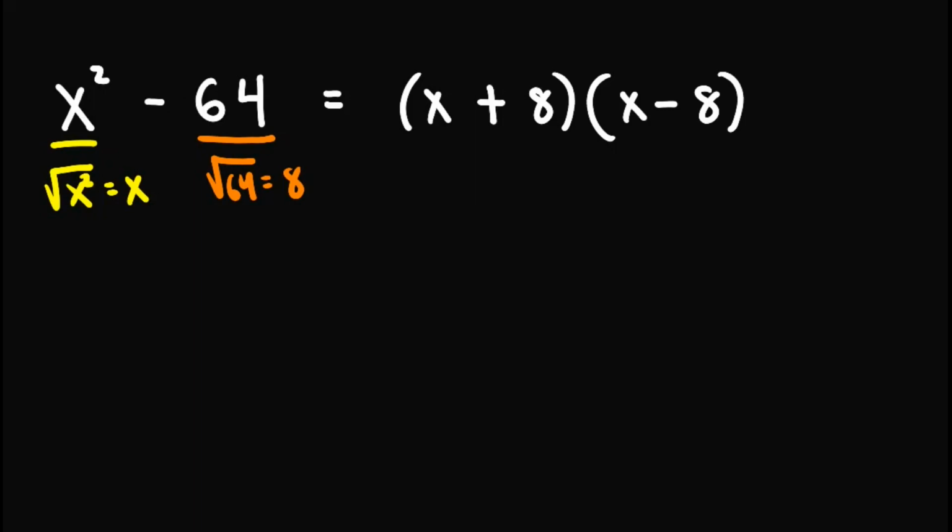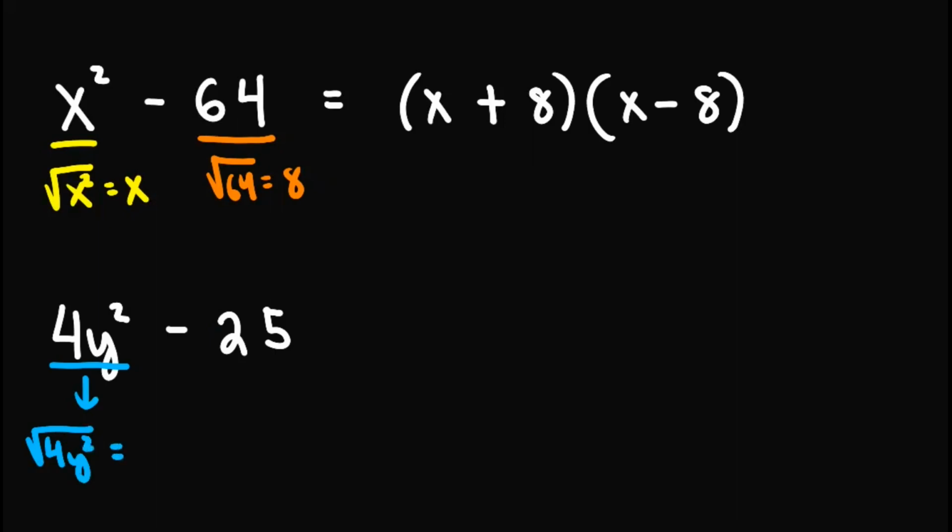Let's try out this next example. If we have 4y squared minus 25. Again, we check first the first and the last term. So the first term, if we get its square root, we will get 2y, since the square root of 4 is 2, and the square root of y squared is y.